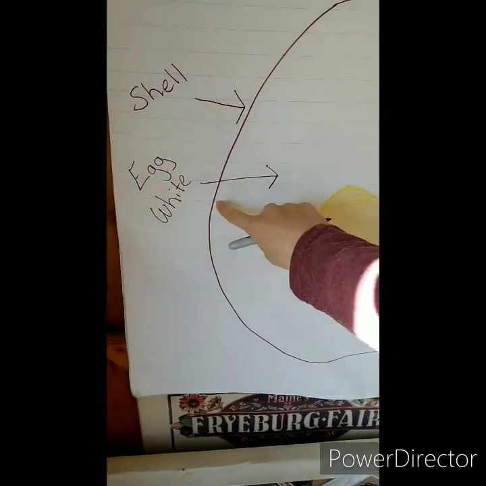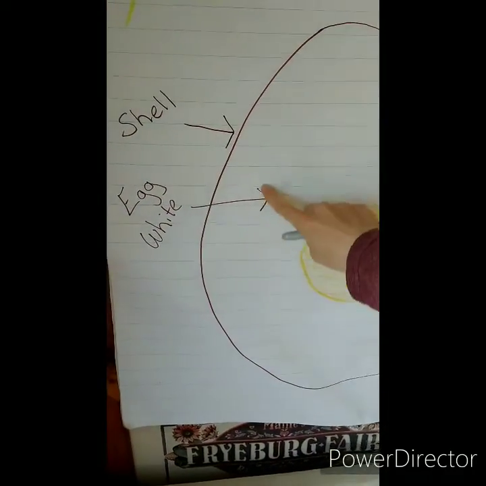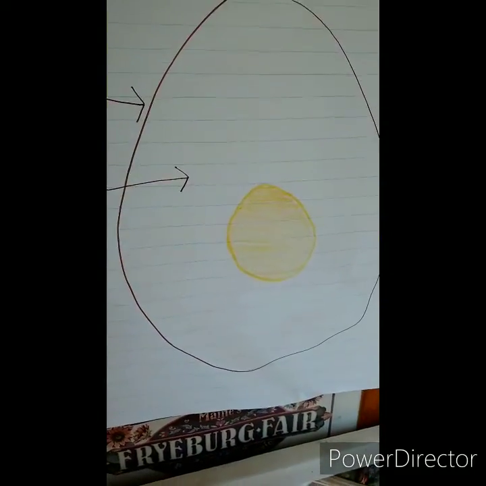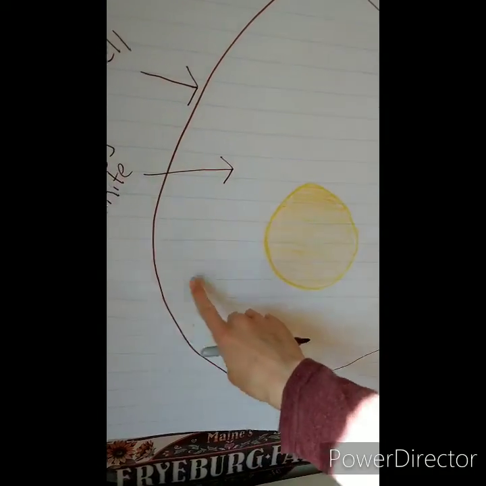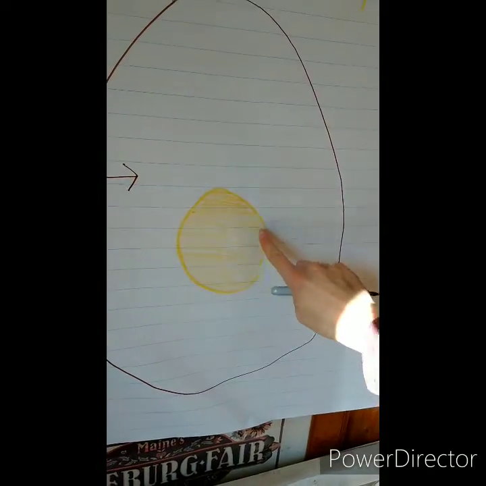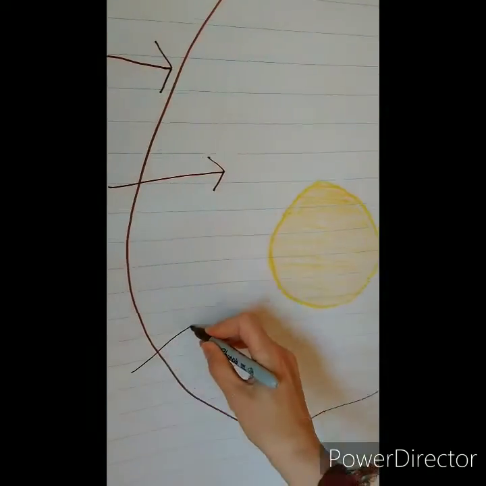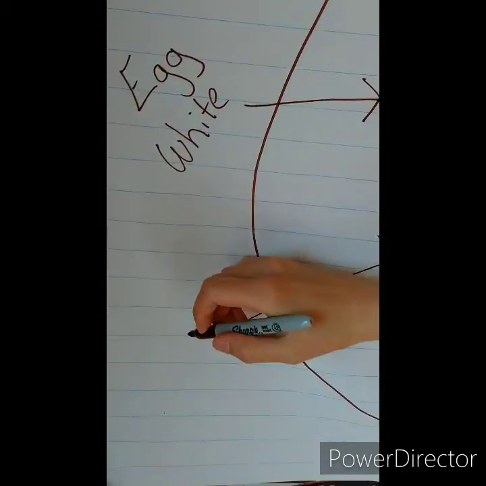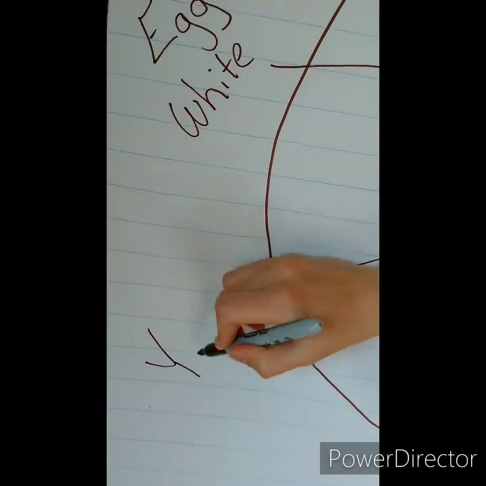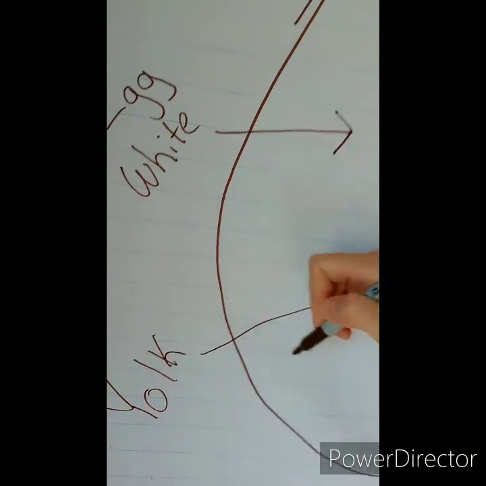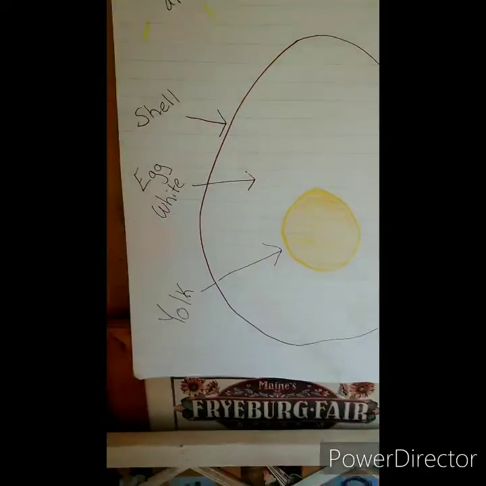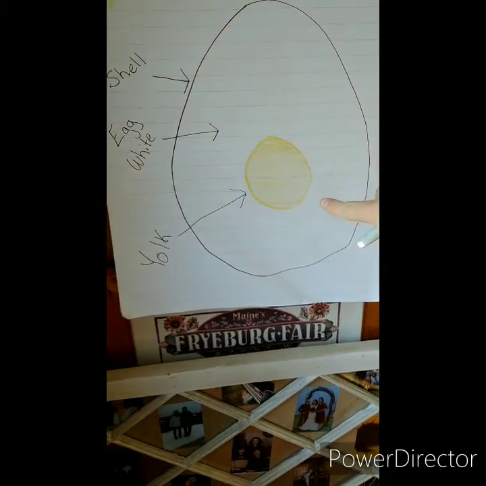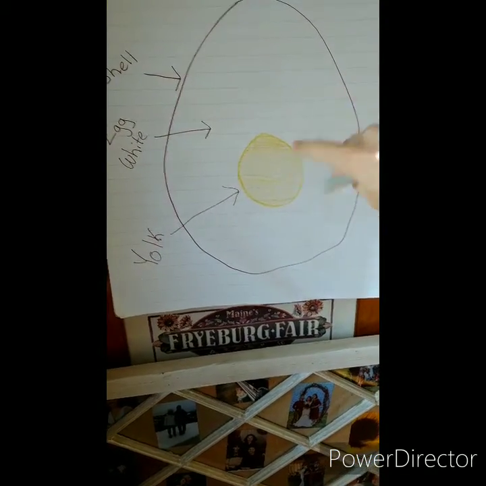So we have the shell, and then we have the inside part, which is the egg white. And then the last part, there's only 3 parts of an egg, is this yellow piece. And this is called, draw an arrow, this is called the yolk. So that is the parts of an egg. We have the shell, the egg whites, and the yolk.